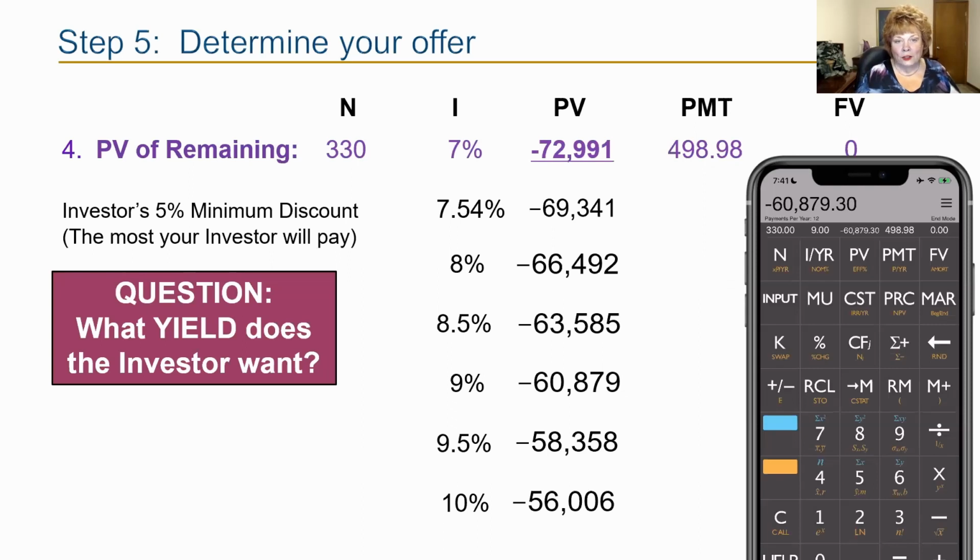If you have an investor that always wants a 10% rate of return, he's going to take a big discount. But maybe you've got somebody that's going to do it at 8.5. Look, you can make $7,500 more money, and you got that at a glance because those numbers are already written out.